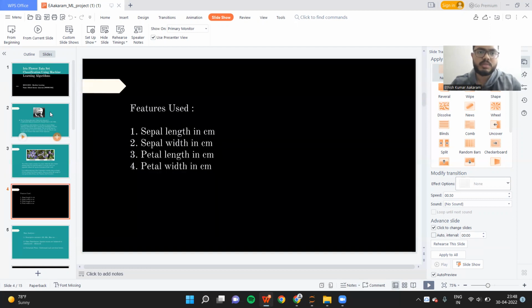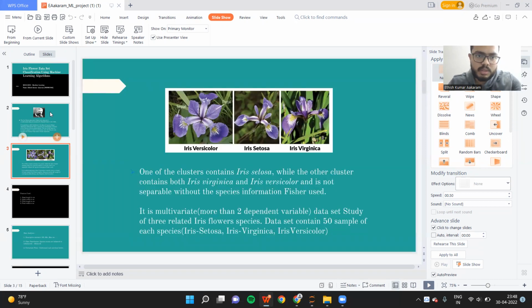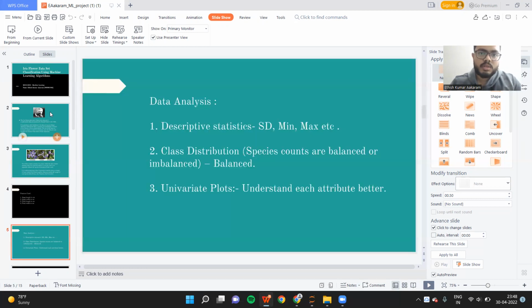These are the parameters that I've taken: sepal length, sepal width, petal length, and petal width. We have taken some descriptive statistical measurements like the min, max, median, and the square roots, and then the class distribution.